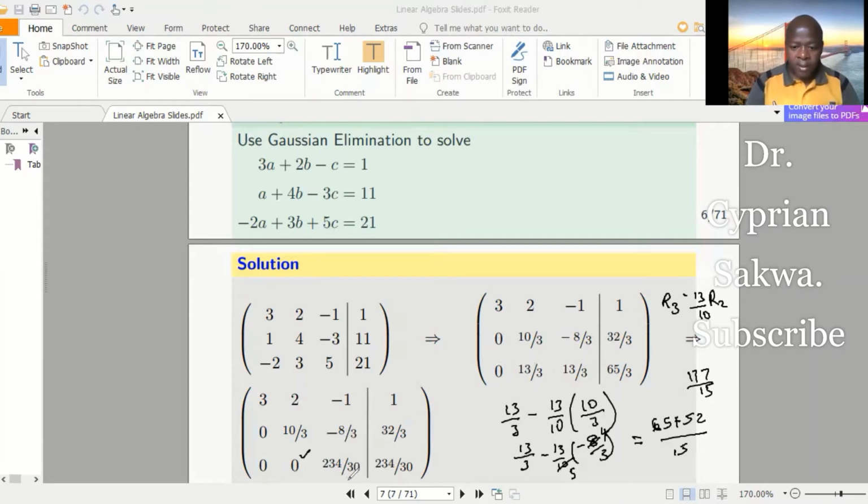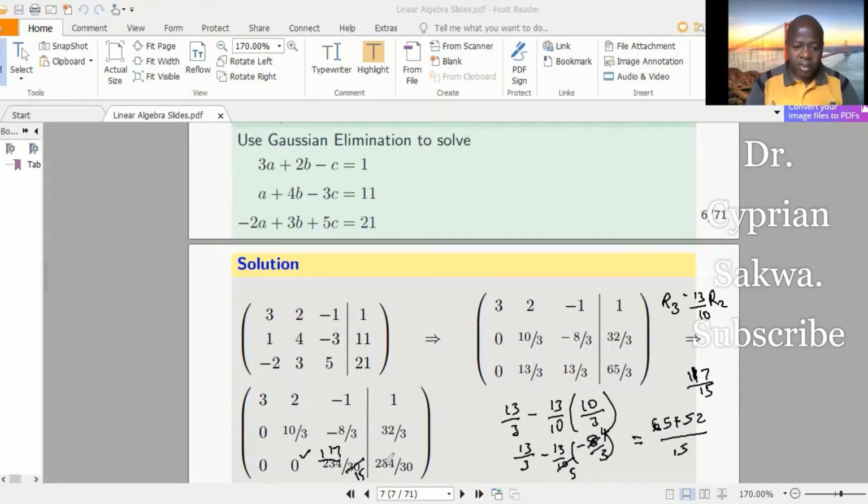Now, what I did this time, I had not simplified, but if I simplify this, you'll get 117, because 2 go here 1, and then is it 117? Yes, it's supposed to be 117. So 2 go here 1 into 3 1, and then 7. So it's 117 out of 15.